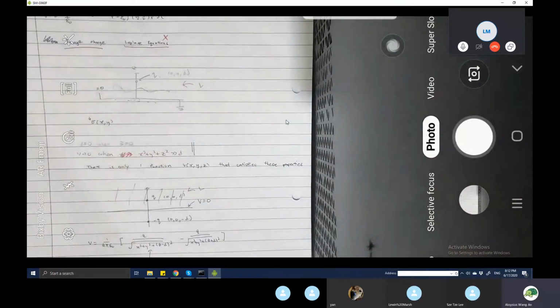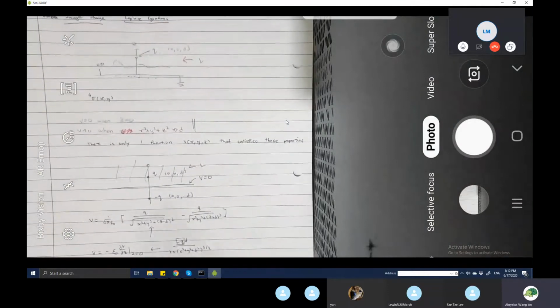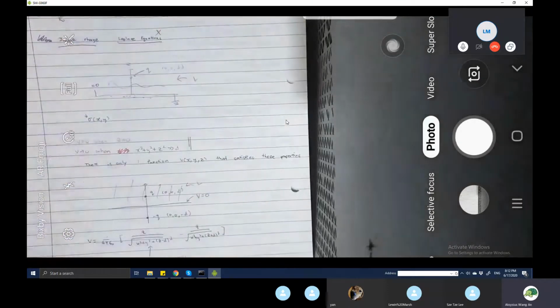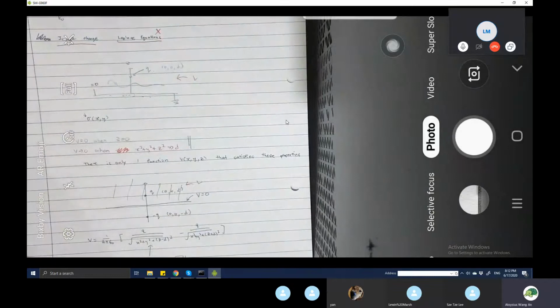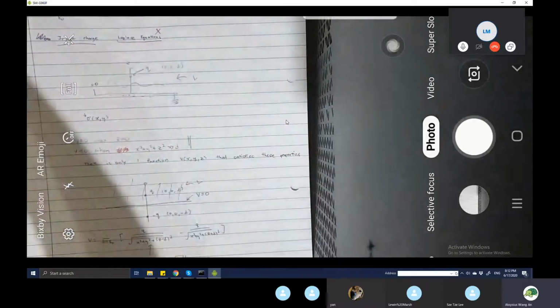So there are two ways to actually find potential energy. The first way is you can invoke a symmetry argument. And the symmetry argument is very simple. It basically says that your field on top and below is symmetrical.